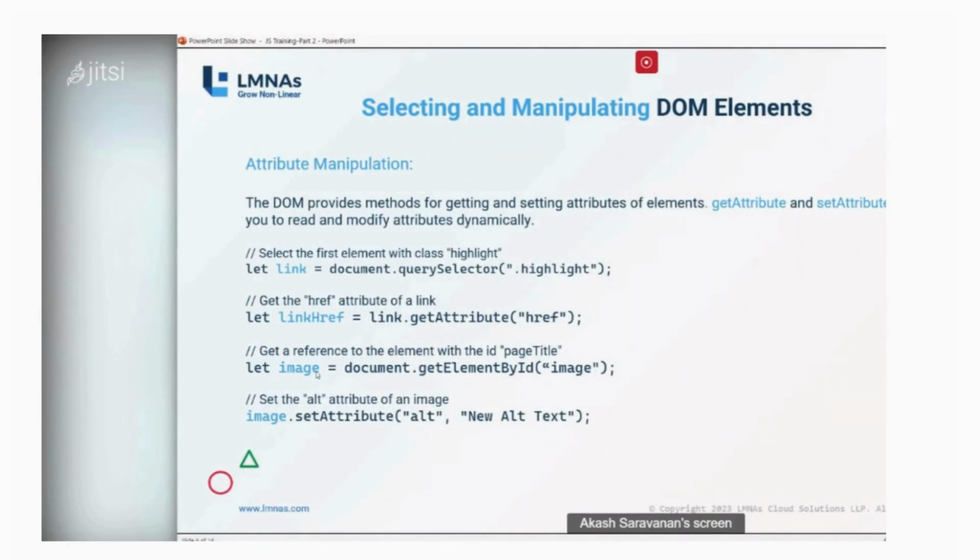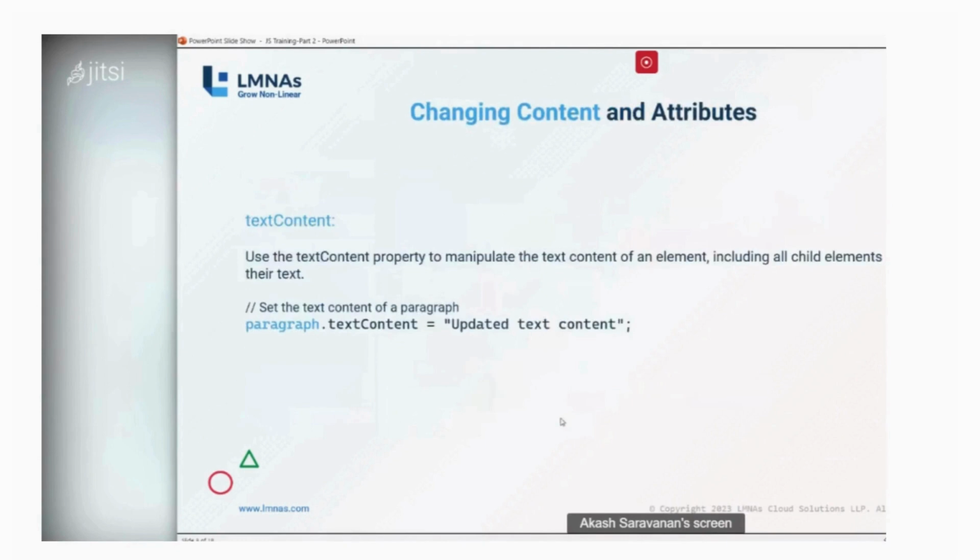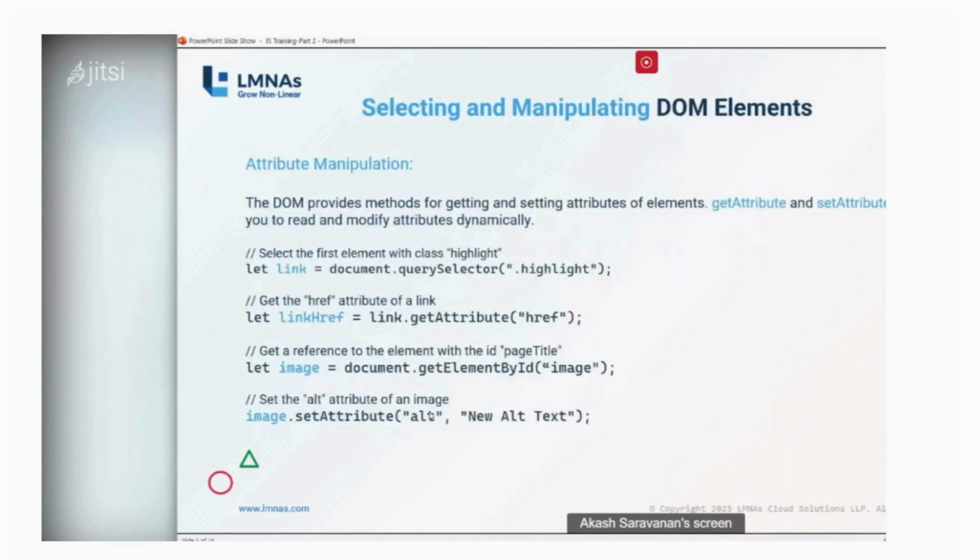So image will be assigned with the element which has the id image, right? Now I am going to set that element with an attribute alt with this text. So this piece of code will alter the value of the alt attribute. Alt is an attribute for an image component.